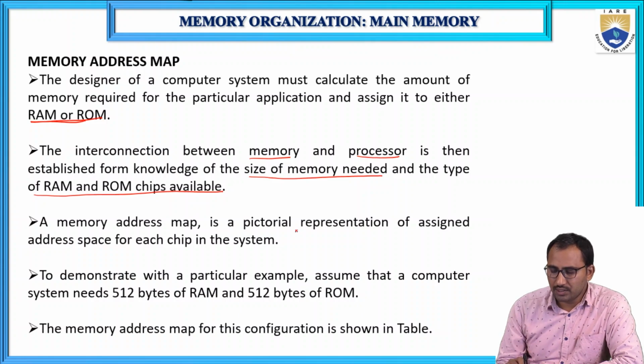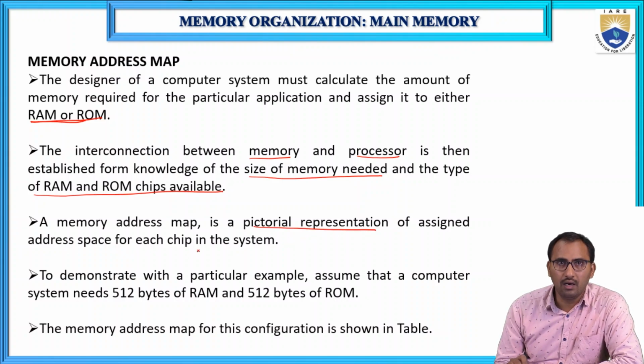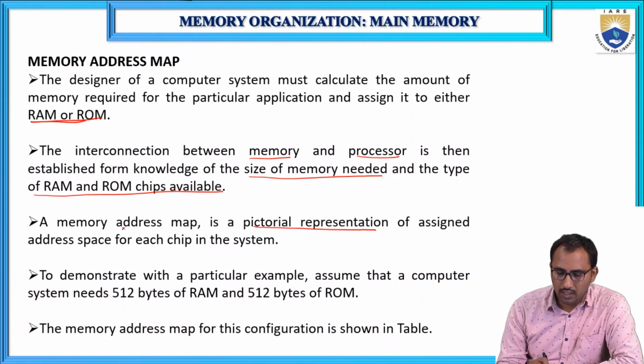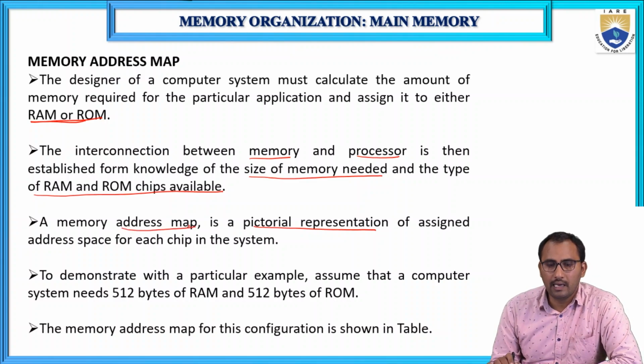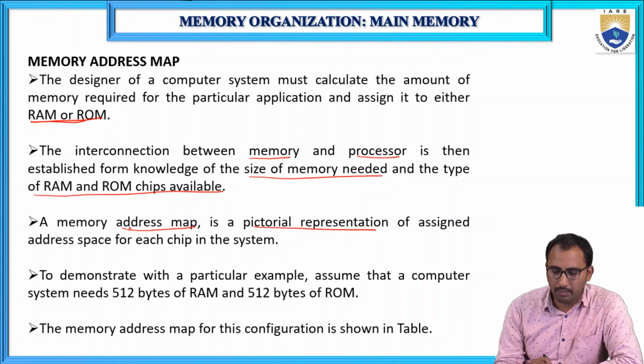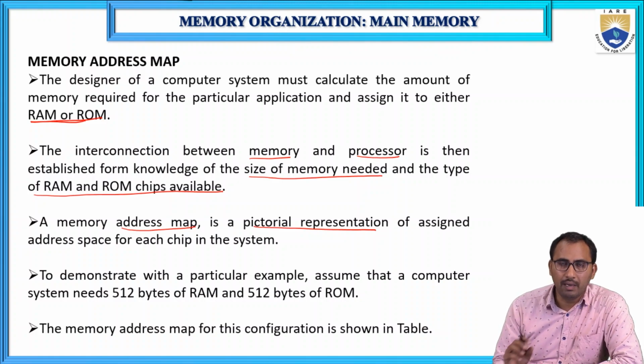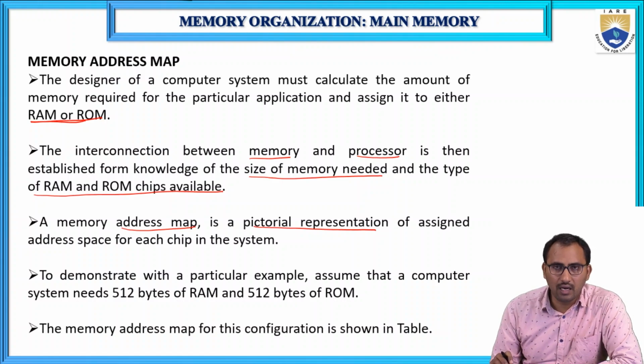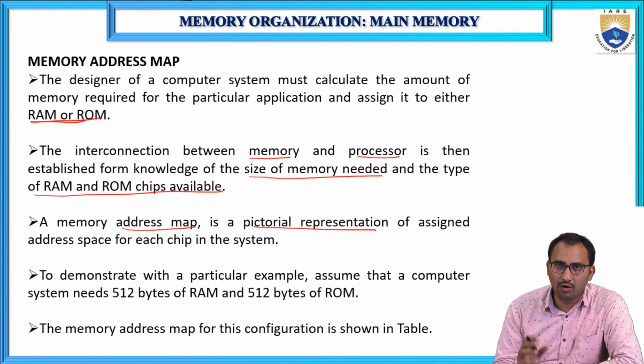The memory address map is a pictorial representation of the assigned address space for each chip in the system. So what is this memory address mapping? It is a pictorial representation of the address space, the address range, for each particular memory chip.